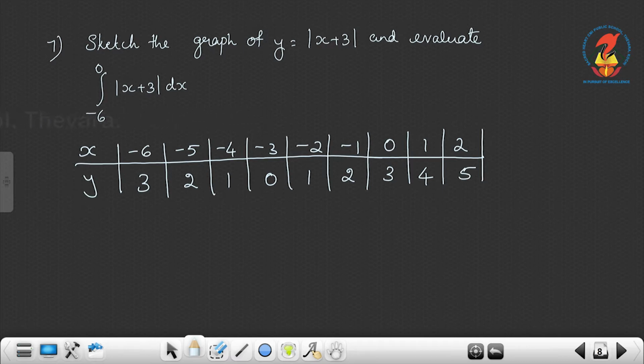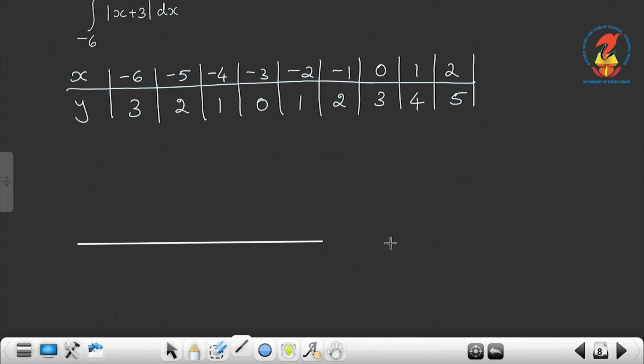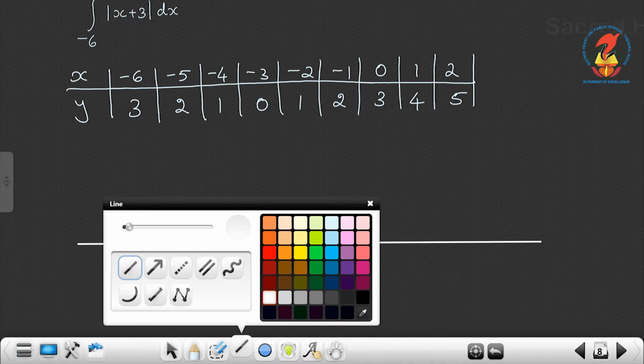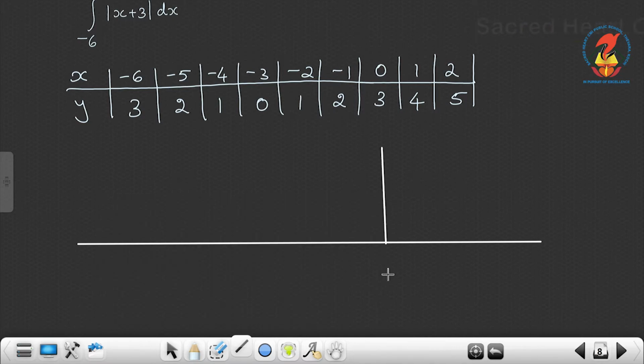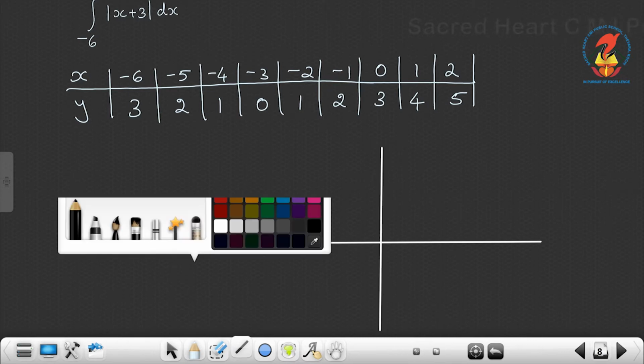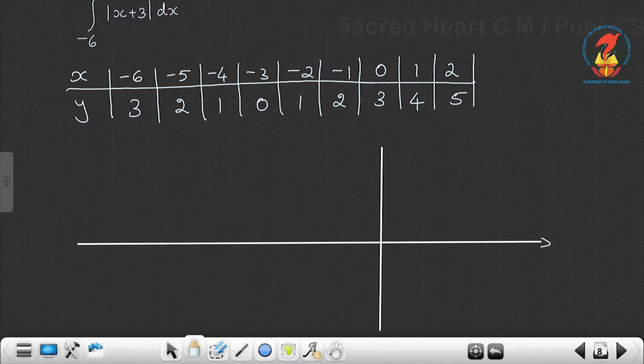Now we can plot. Zero, minus 1, minus 2, minus 3, minus 4, minus 5, minus 6 on the x-axis.